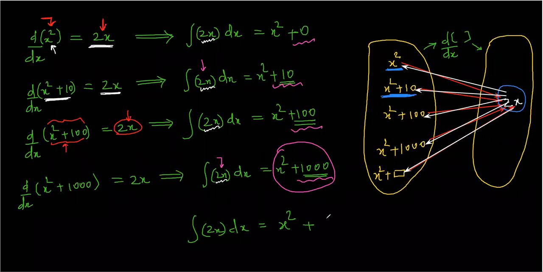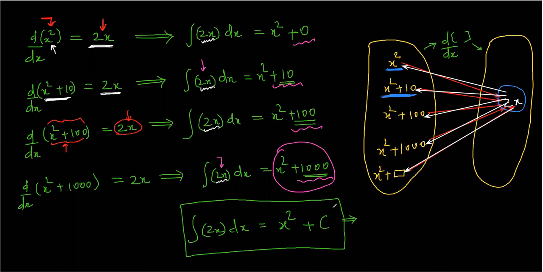And then after that I write plus c. Why do I write plus c? Because this c can be any finite number. So now I have explained to you why we add a constant when we are integrating. Because addition of this constant completes the definition.